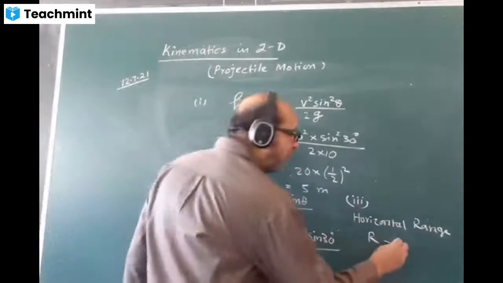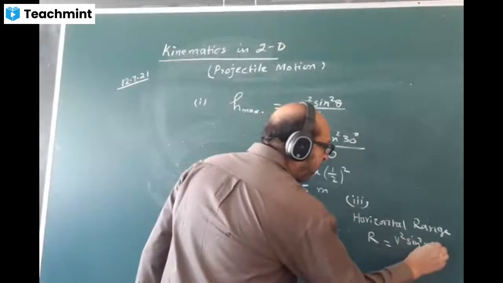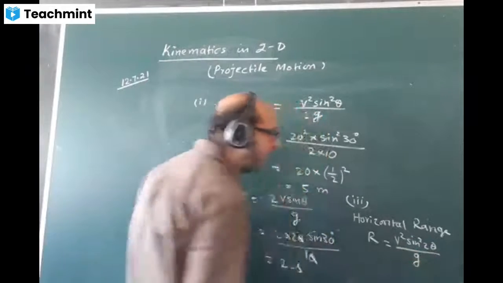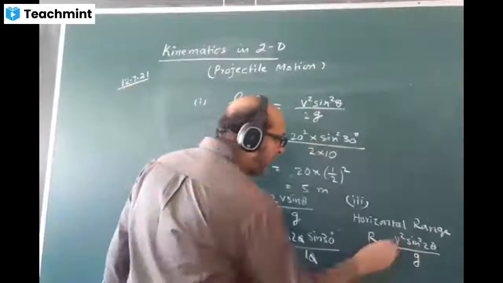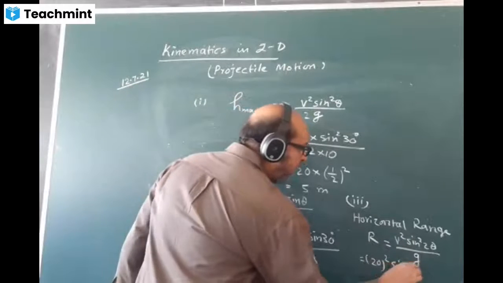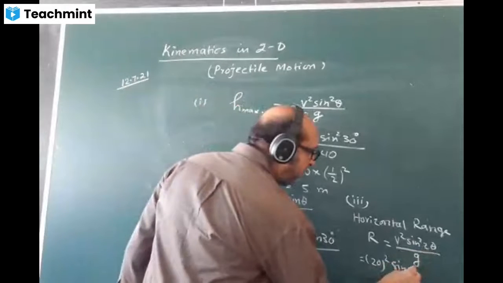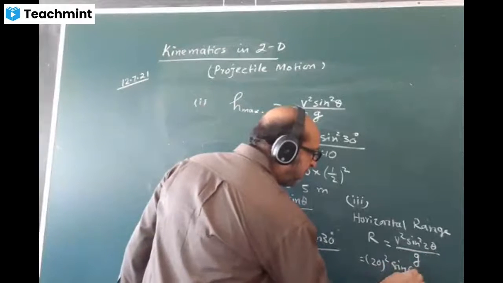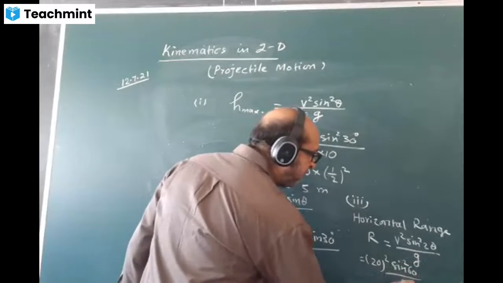Or you can use the formula. The formula of horizontal range was v square sin 2 theta by g. You will get the same answer. V value is 20, so 20 square sin 2 theta, theta value is 30, so 2 into 30 is becoming 60, and the value of g is 10.